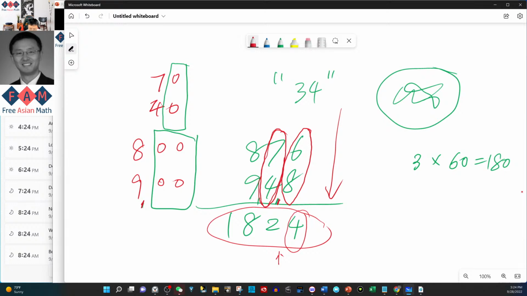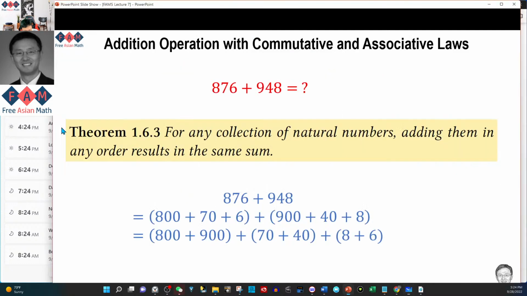And finally, you get a carry to the thousands place. So the very reason the vertical addition algorithm works is because the commutative and associative laws tell us that it must be the same result if we do it this way.